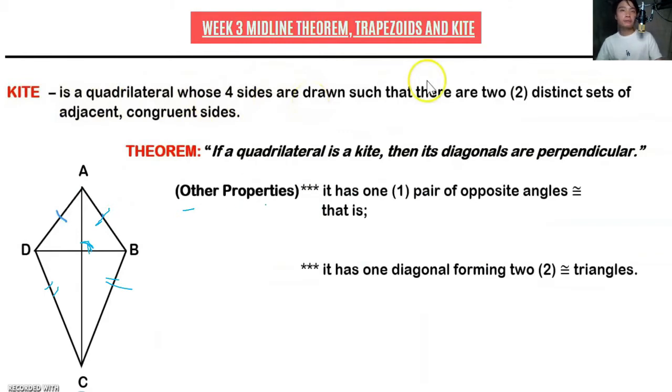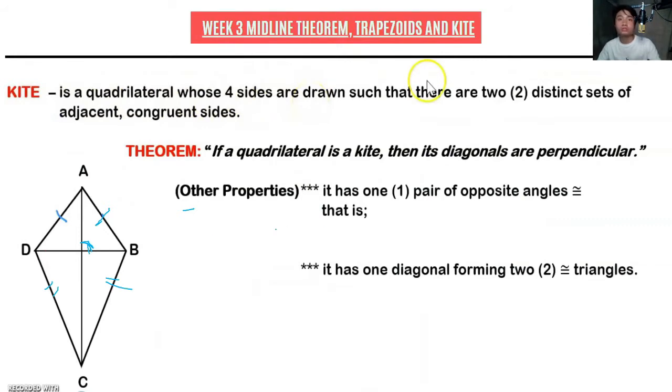And then the other property, it has one pair of opposite angles. So, dito, sa property na to, titingin kayo sa figure. Ano kaya yung magkaparehas ng bukan natin na angle?